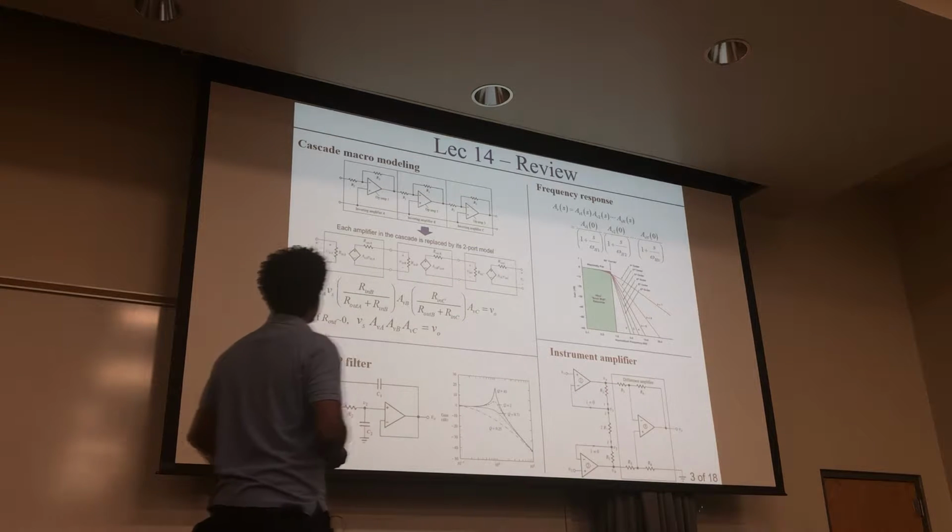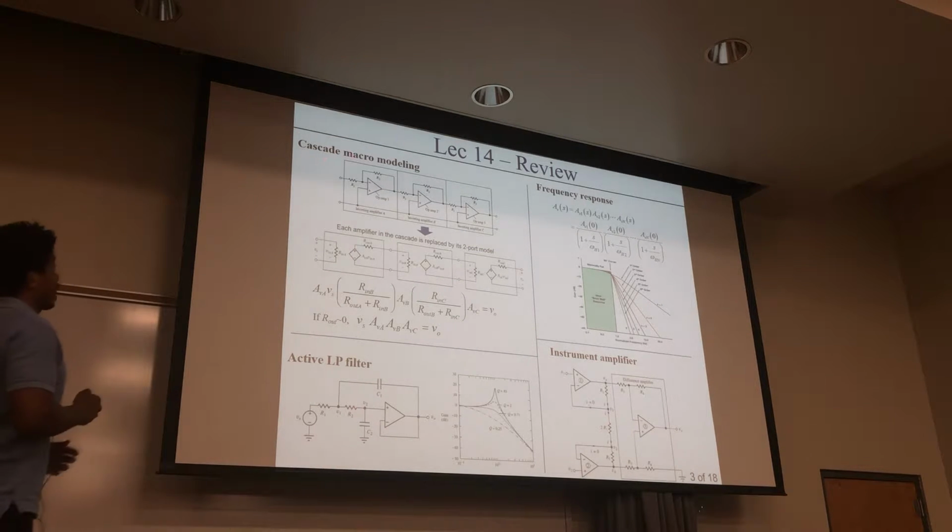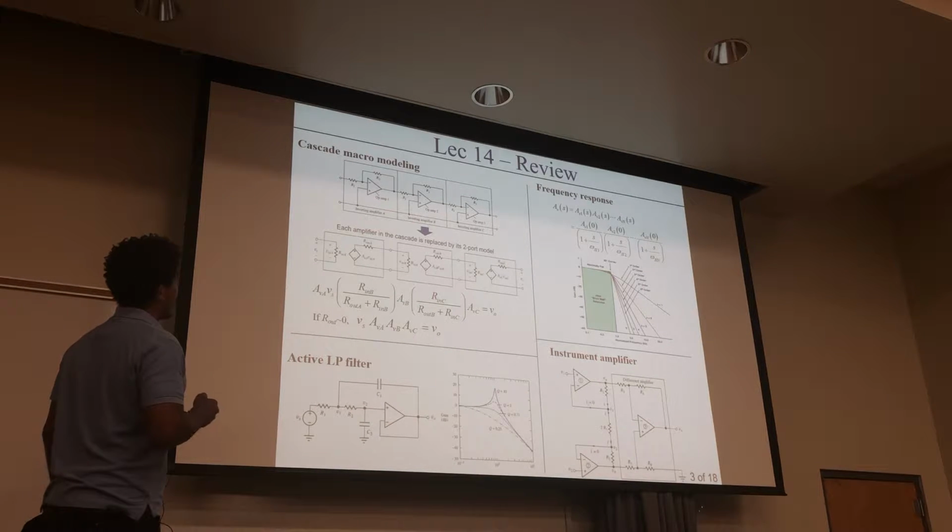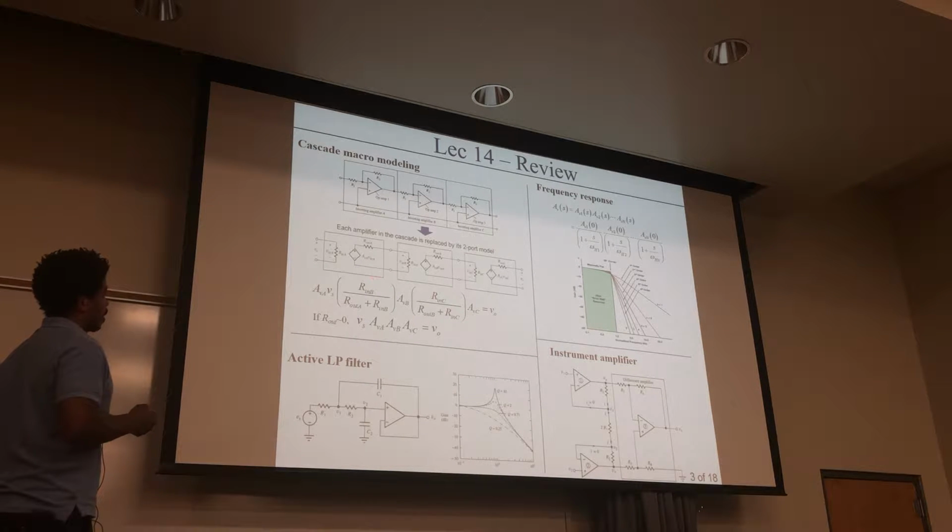So for lecture 14, we looked at cascaded macro modeling, where we're looking at a cascade of op-amps, amplifiers, and then we put them in terms of these macro models right here. If we look at them in terms of their resistances seen on their inputs and outputs, we can get that from their voltage division.